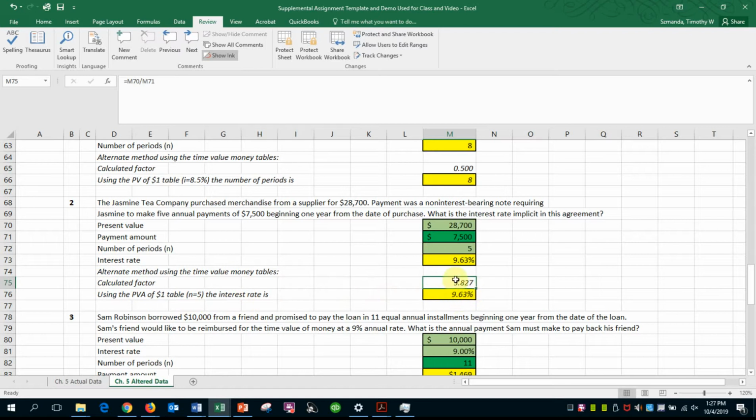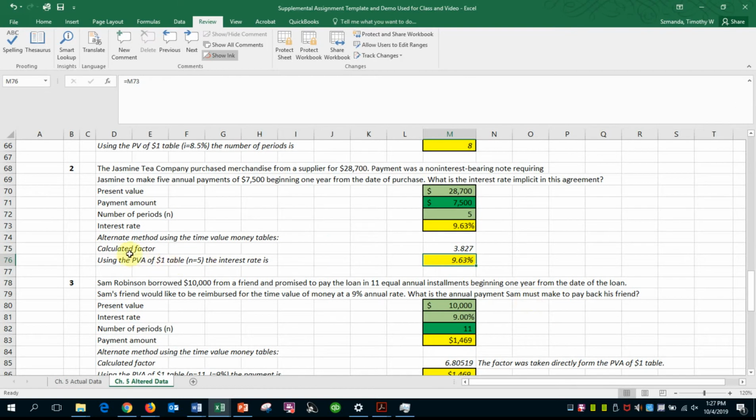So you'll be able to look up, go to row 5, scroll over to the right, and then you'll find your calculated factor, and then look up at the interest rate, and you'll find one that matches almost exactly. Because I changed the values here, I came up with a number that was not a whole interest rate. Okay, so that's how you can use the tables to calculate the interest rate.